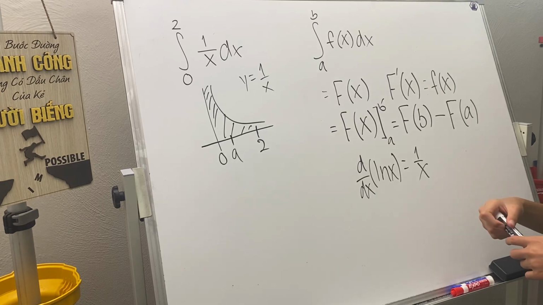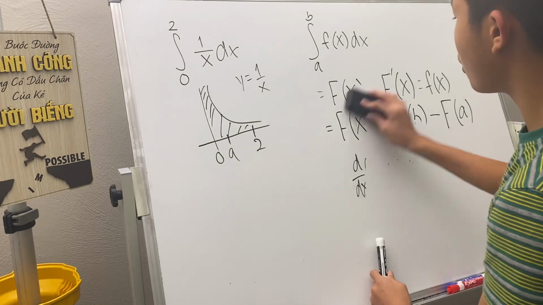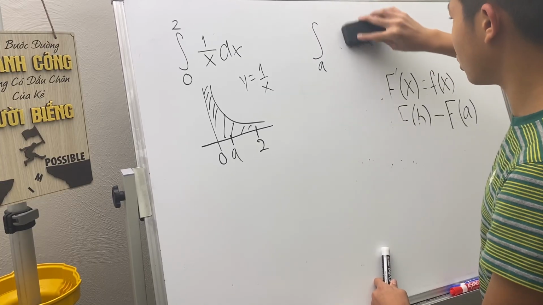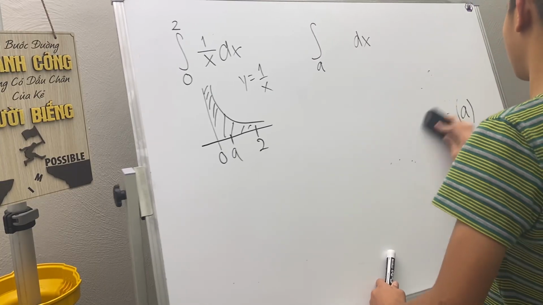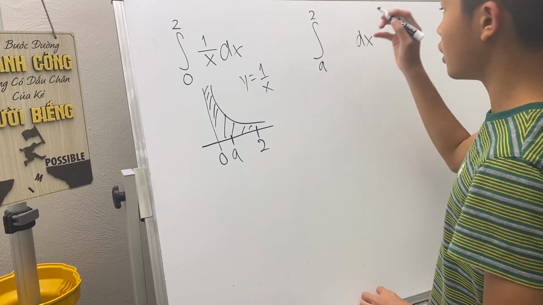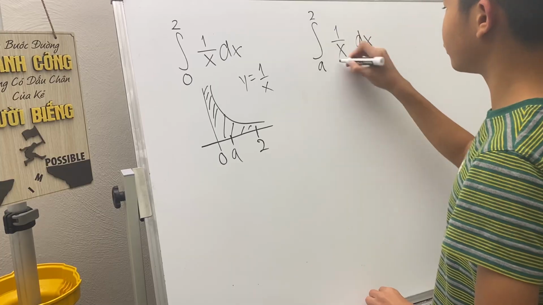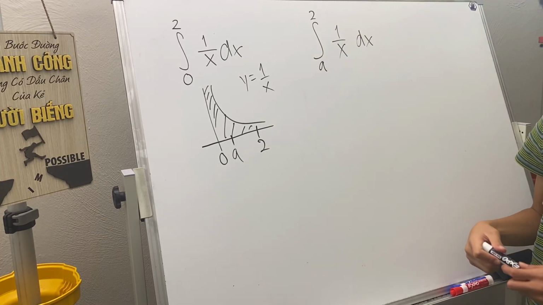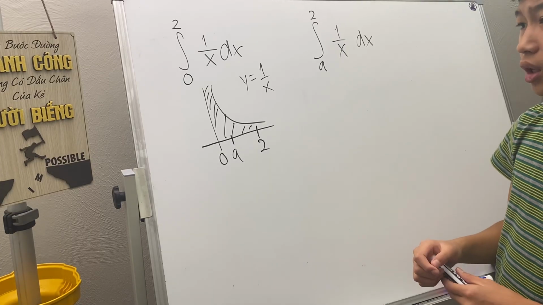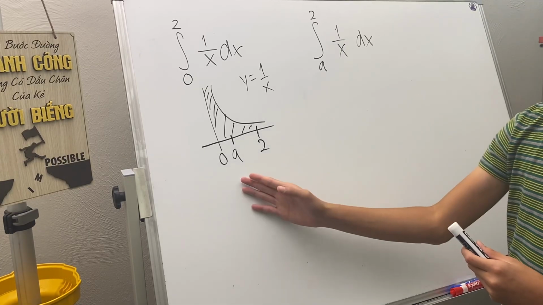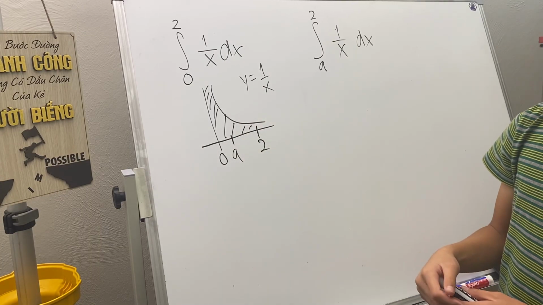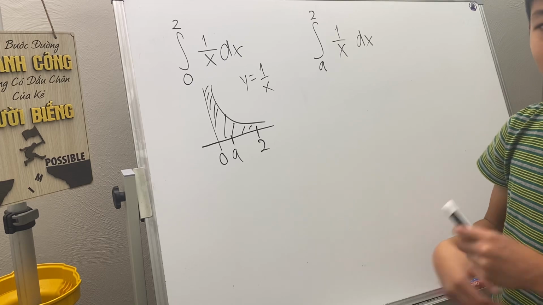So basically we are integrating from a to 2 of 1 over x. What is a though? Well, a has to be a number really close to 0, but not exactly 0, because the graph never touches 0. Let's say 0.00001.